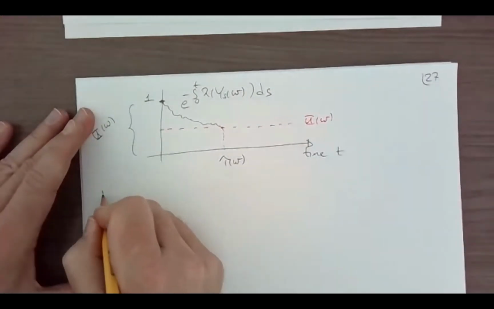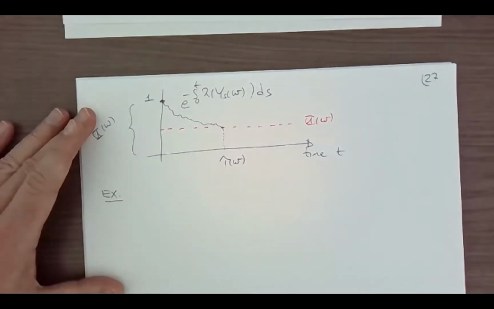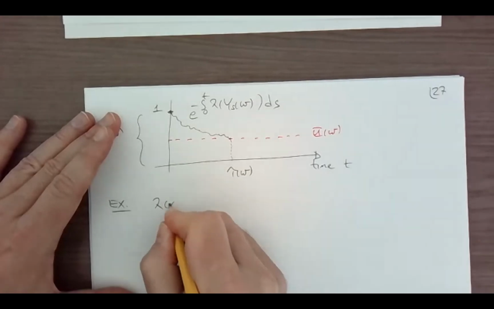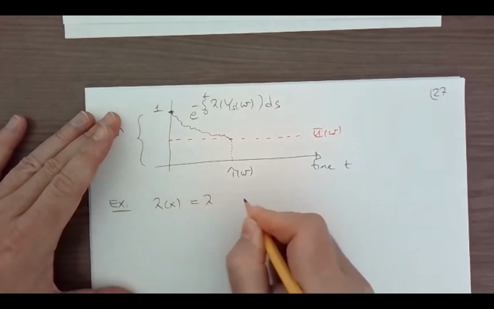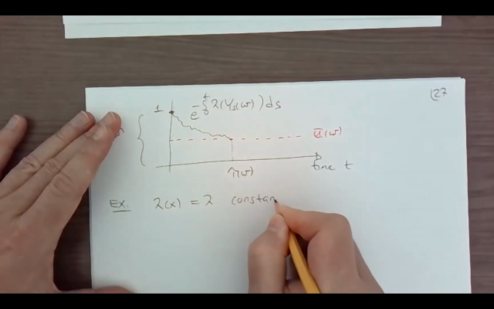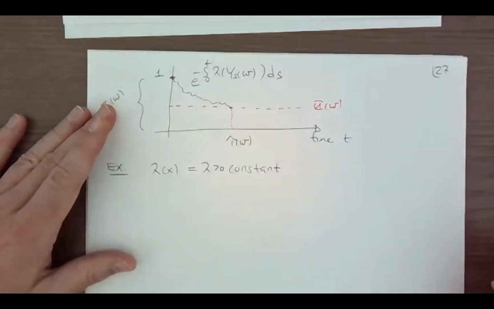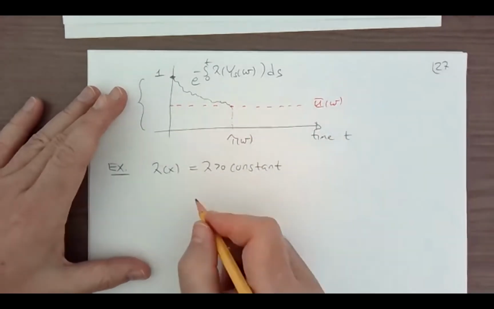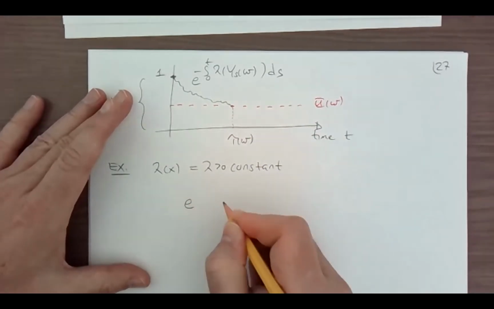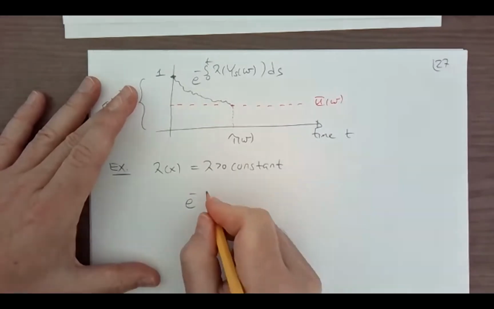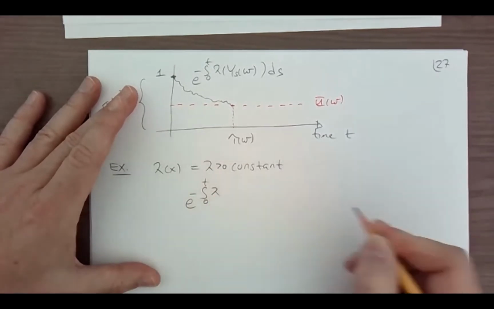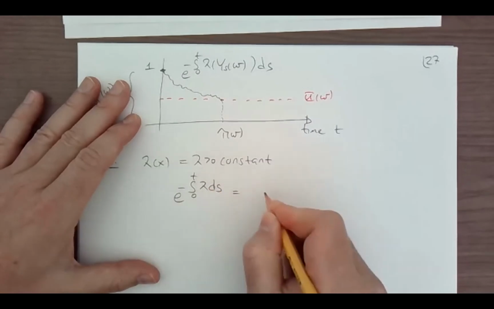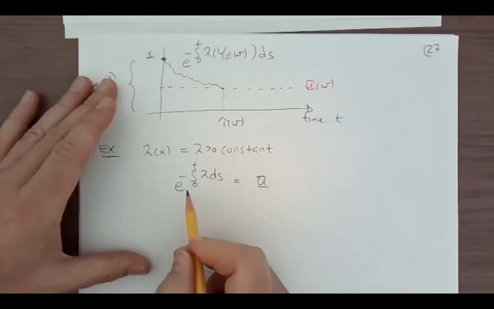So examples here would include, the first example is if lambda of x is equal to a constant. If I get a constant here, then if I want to solve the equation, e to the minus an integral from 0 to t of lambda ds is equal to U, we can solve this equation here.